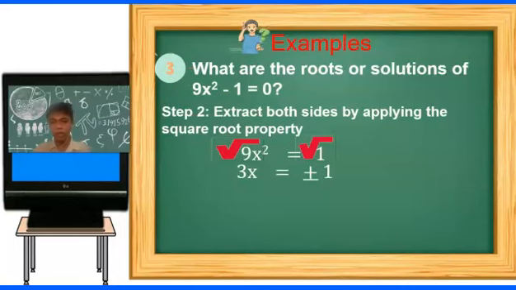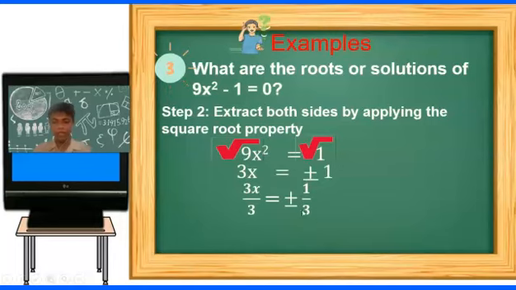So, ito na ba yung values ng x or yung roots natin? Hindi pa. Kasi meron pa tayo nakikita na numerical na katabi ng x. So, anong gagawin natin? We will divide both sides by 3. So, 3x divided by 3 is equal to positive or negative 1 over 3. So, ma-eliminate yung 3 sa left side. Ang matitira na lang ay x.